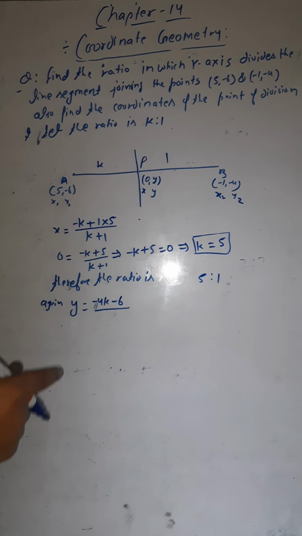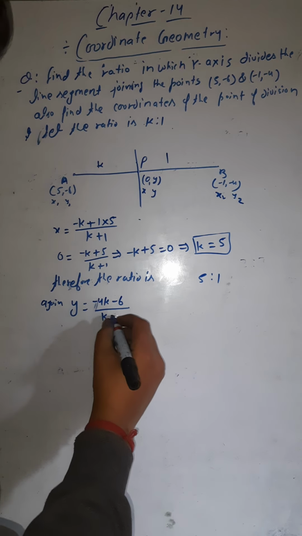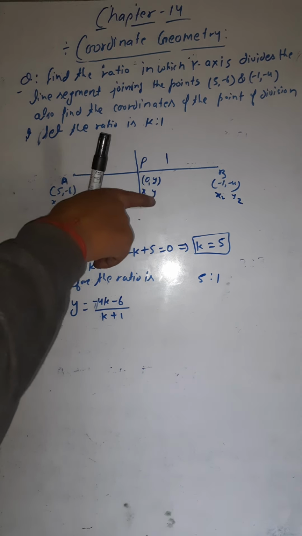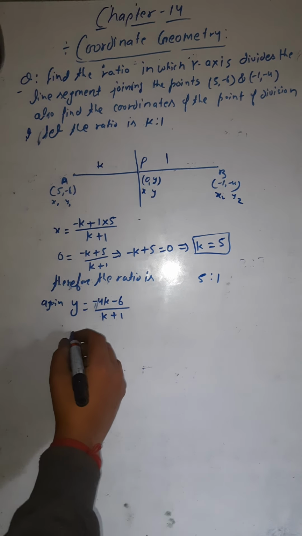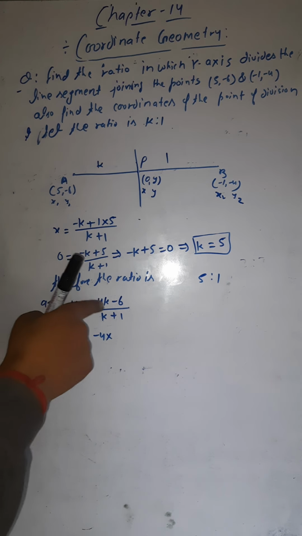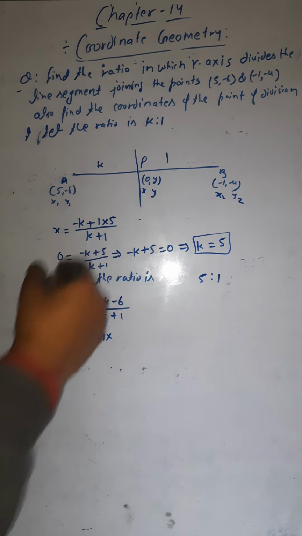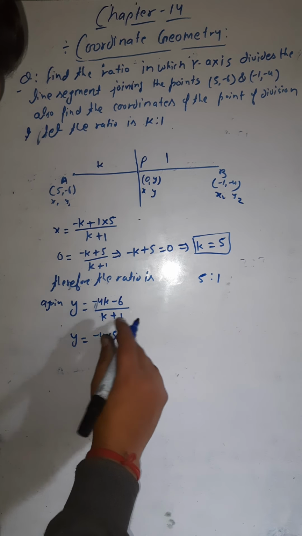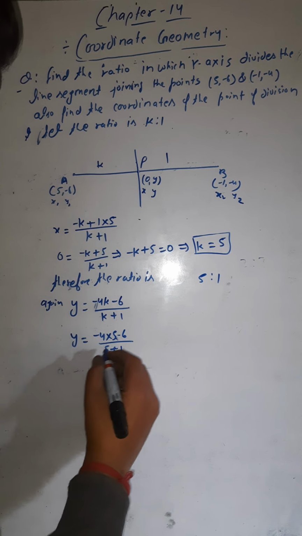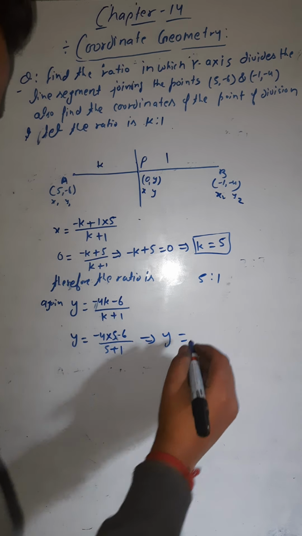What is m1? k. And what is m2? That is 1. Now what is y here? Y is equal to minus 4 into, what is the value of k? K you have got already, it is 5 now, minus 6 divided by 5 plus 1. Just solve it, you would get the value of y.